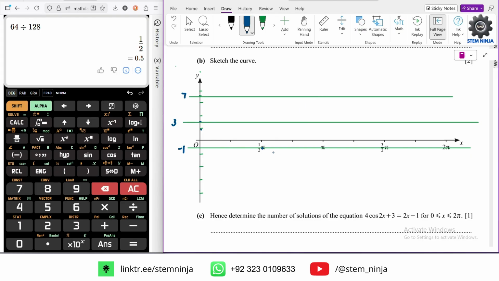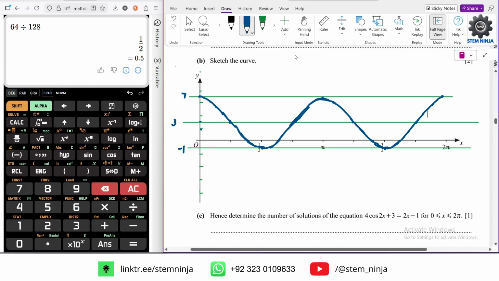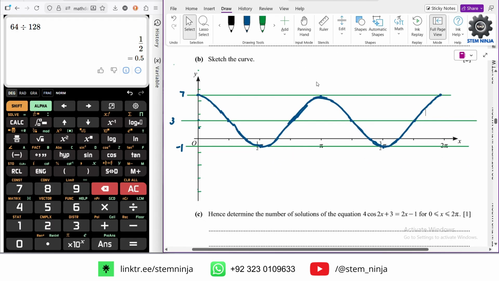So it would be at minimum over here, it would be passing over this, this, and this. Okay, so that's it. Okay, right.